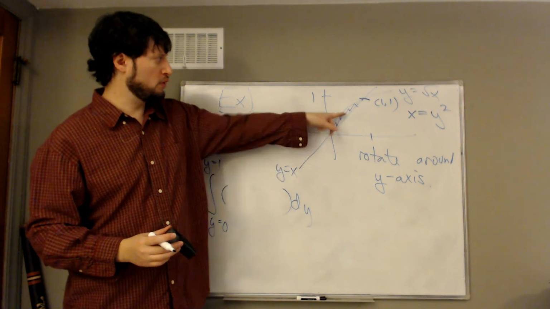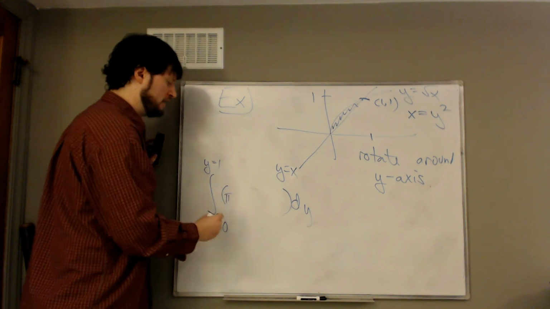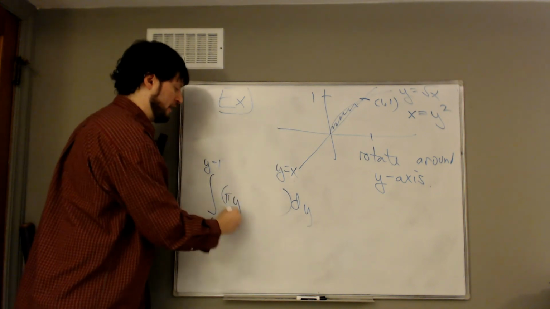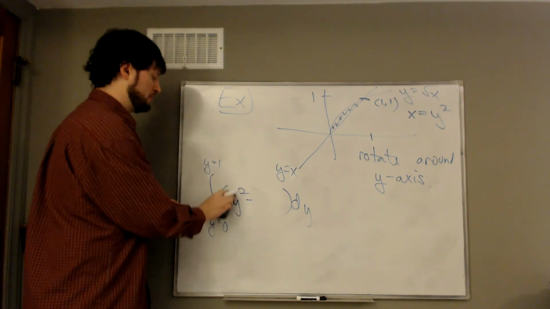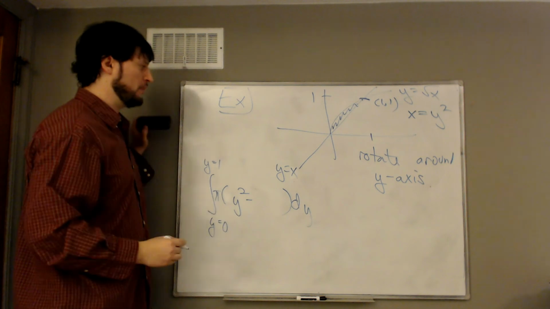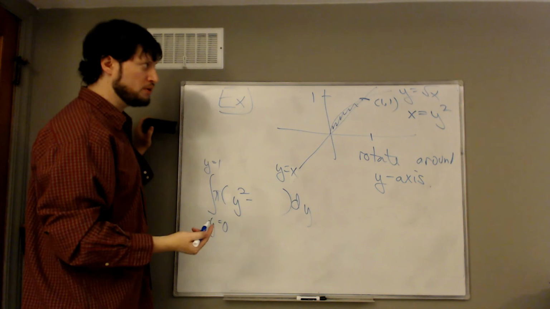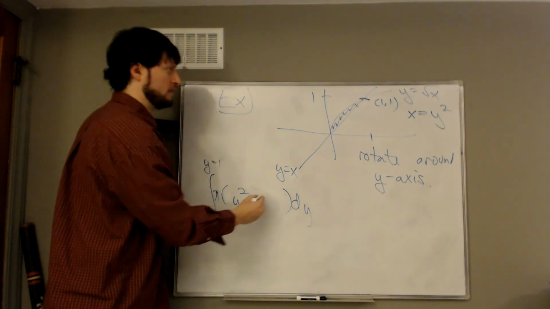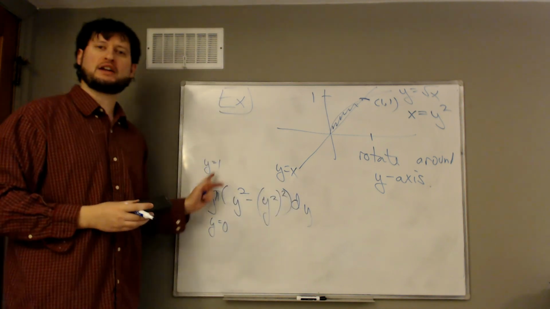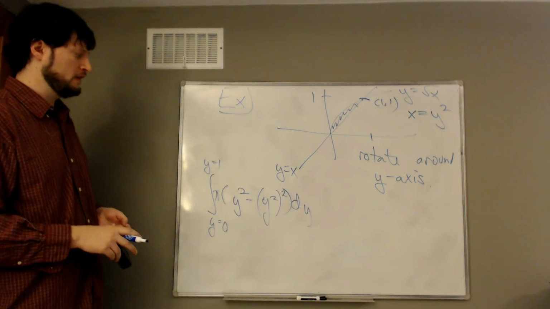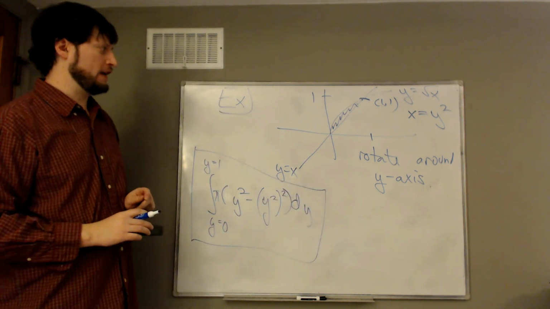The top curve, when I rotate it around the y-axis, is actually y equals x, which means I'm going to have pi times y squared, that's pi r squared, minus, let's put this pi outside of the parentheses, minus the bottom curve, which is y equals square root of x, which is x equals y squared, squared. Remember, it's pi times r squared. And so this is the integral that we would use if we wanted to rotate around the y-axis.